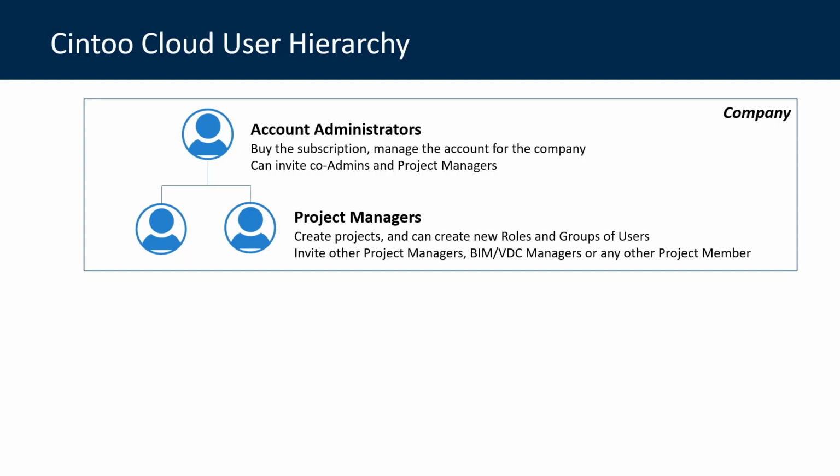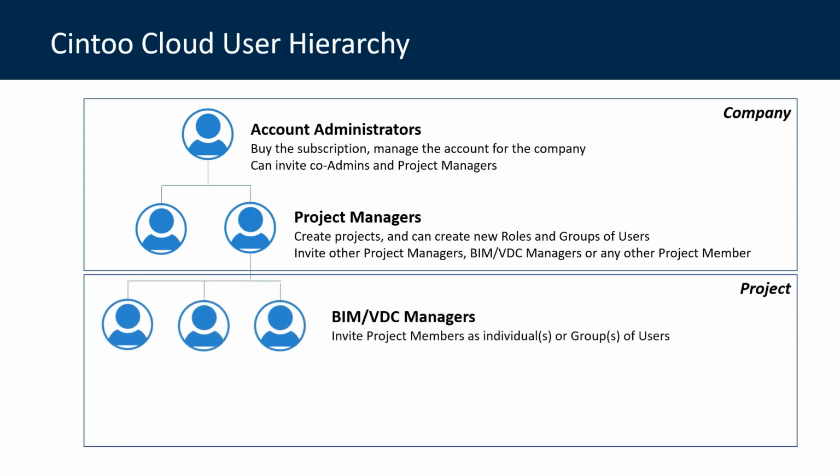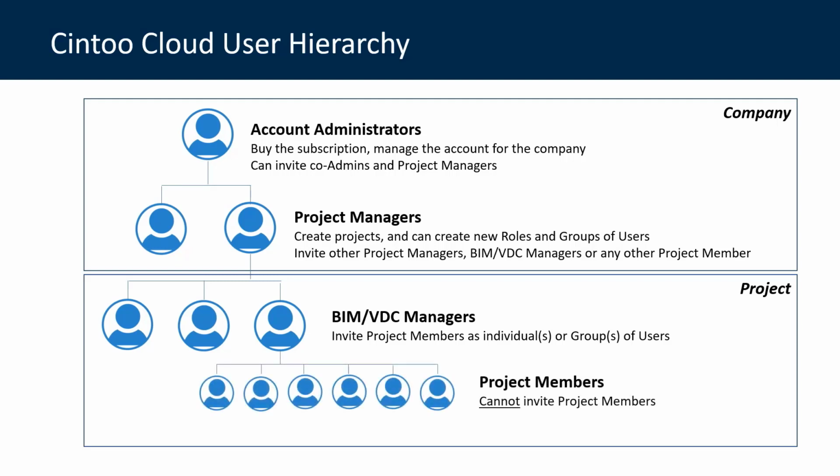And then a project manager will invite for each project one or multiple BIM or VDC managers. BIM or VDC managers are really the key personas at the project level that will then invite their team or their project members that will participate in a given project.